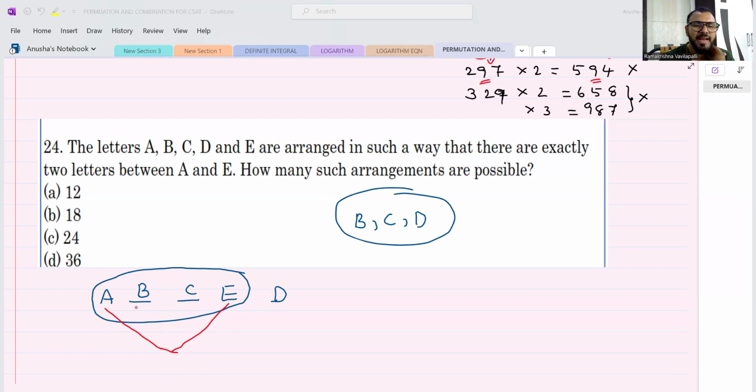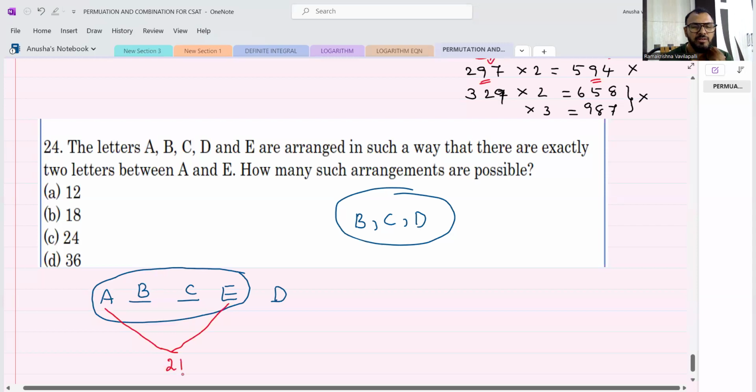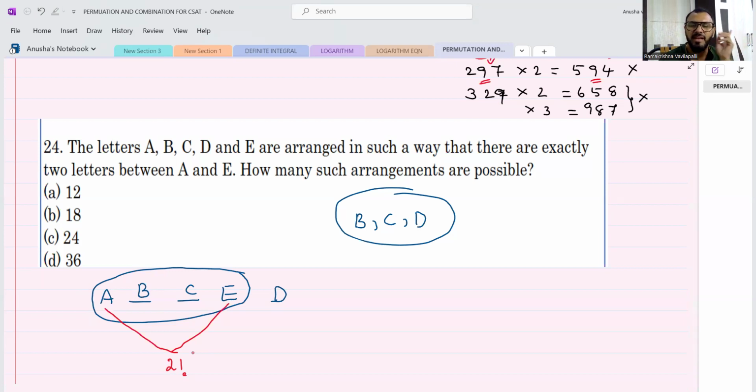So A and E can be interchanged, or arranged in two factorial ways. Right? First letter is A and fourth letter is E.